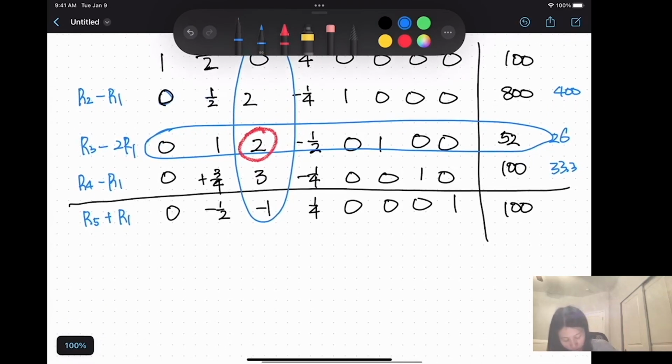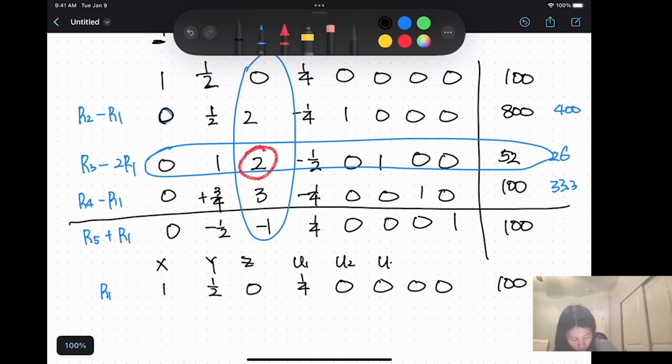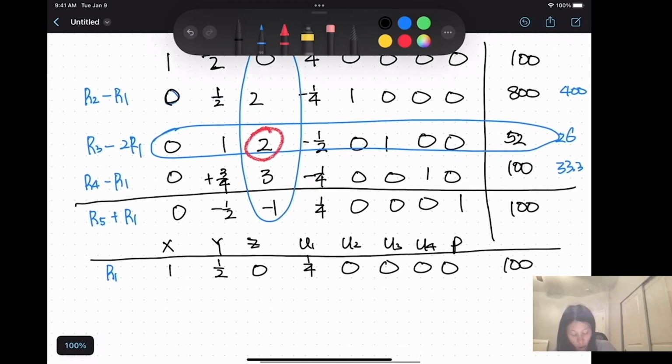Okay, so R1 remains the same, which is 1, 1/2, 0, 1/4. So remember, this is X, Y, Z, U1, U2, U3, U4, P. Okay, so R2, right now let's just write the same thing here.